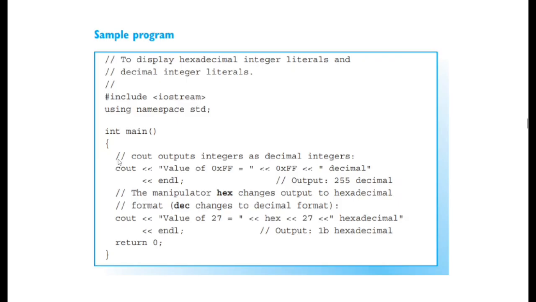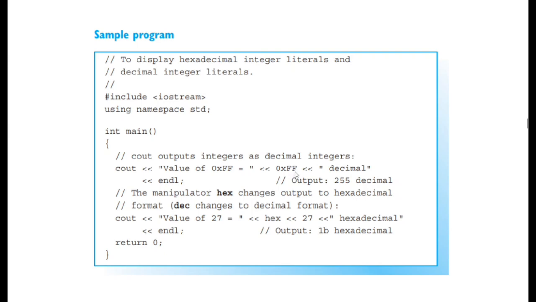Now let's look into the body of the main function. We have a comment here trying to explain what's happening briefly, but let's break it down. We start with cout, so we know we're getting information output into the console. We have the string value of 0xff, and then we're literally putting in 0xff, which, as you might recall, is a hexadecimal value.